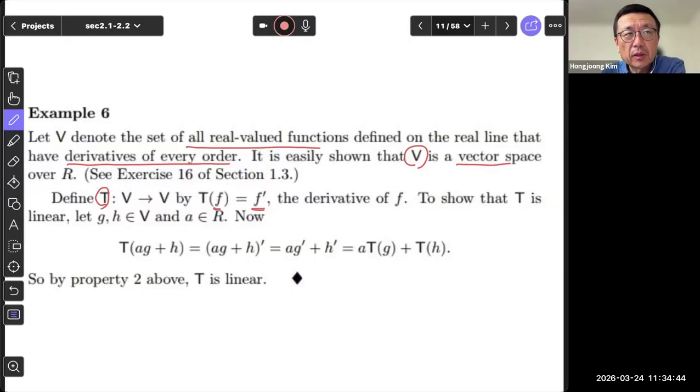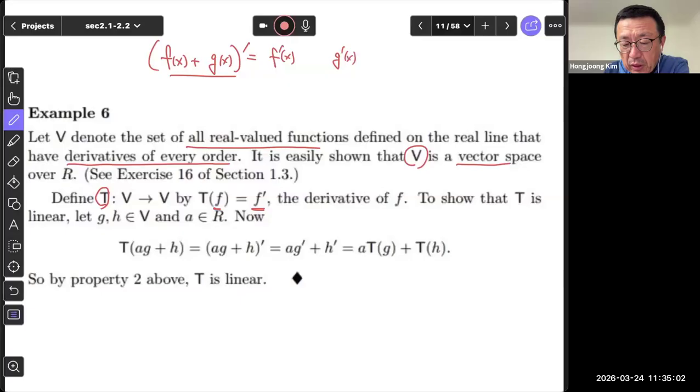Then this will be a linear function because we know that given f of x and g of x, what is the derivative of this sum? We compute f prime of x and g prime of x and then we add them. If I multiply any number to a function, when this multiple is differentiated, you can multiply this c once you get this derivative.